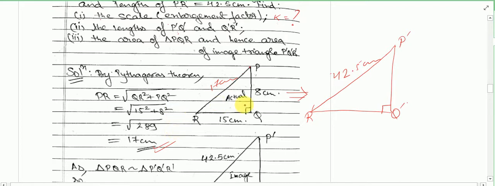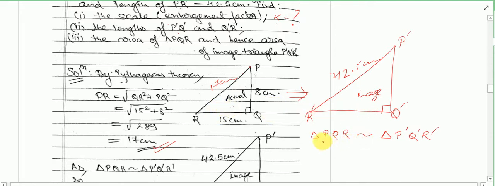Now you know that this is the actual and this is the image or model. That means triangle PQR is similar to triangle P dash Q dash R dash, because the image or model is going to be similar to the actual.